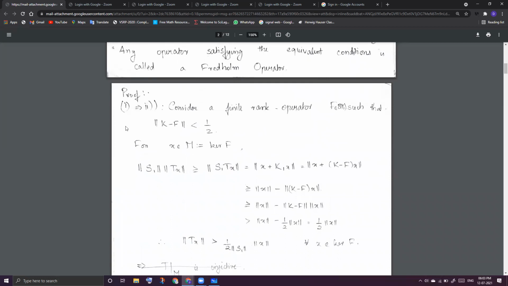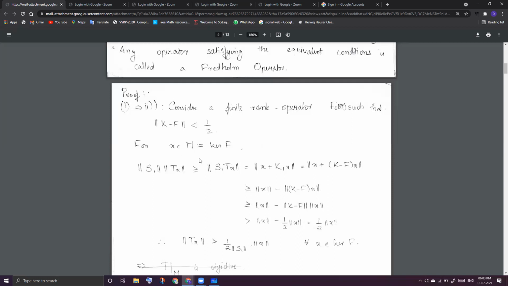So first of all, 1 implies 2. We consider a finite rank operator F such that the norm of K1 minus F is less than 1/2. Since K1 is compact, such a finite rank operator exists, as K1 is in the norm closure of finite rank operators.